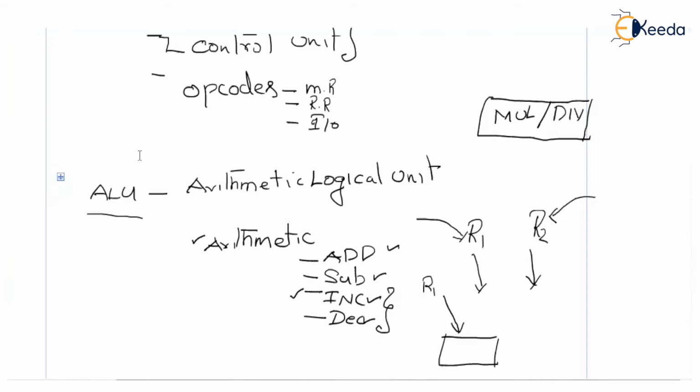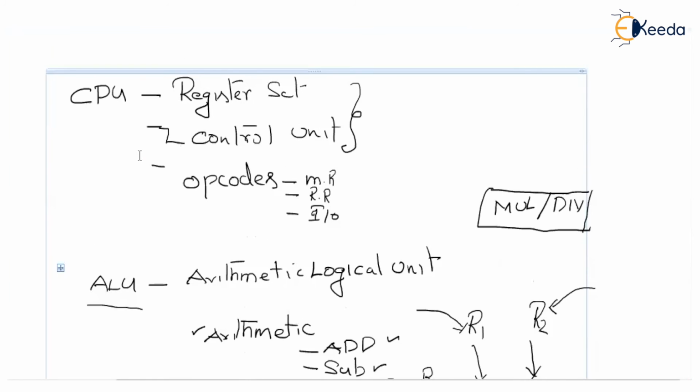one at a time. Now, before we get into the details of the ALU design, we need to understand a few things. If you could remember, when I designed the register set, I had three options.